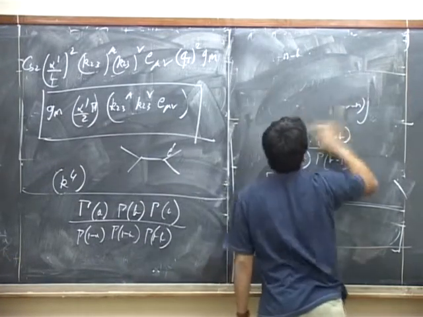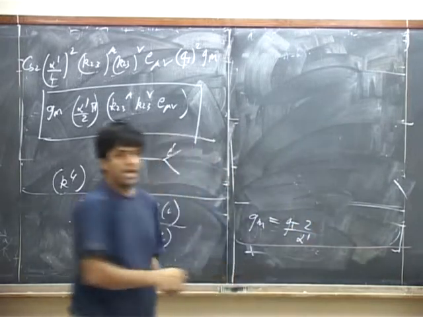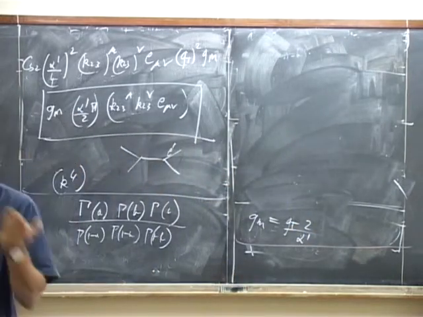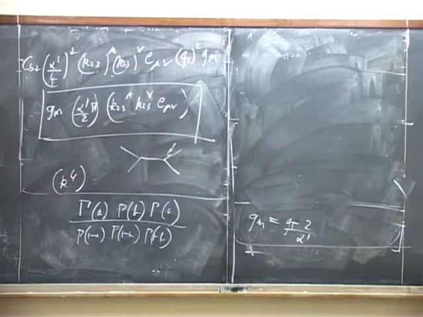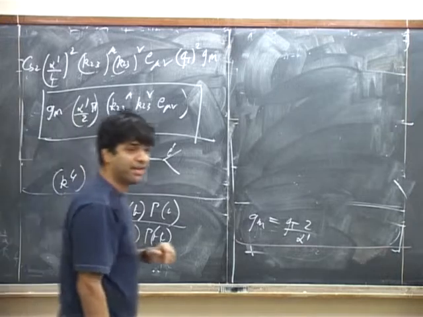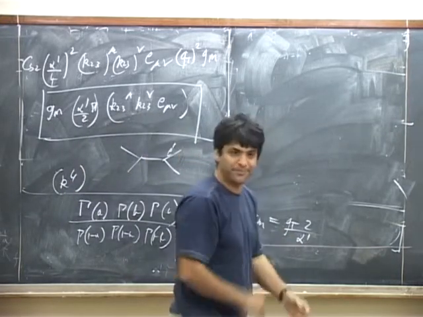Actually, before that, let me quickly say one thing. We had all this fancy analysis involving the exact answer in order to determine the poles and the residues. But if we just want to determine the first pole, it's actually very easy to do directly from the first integral representation.